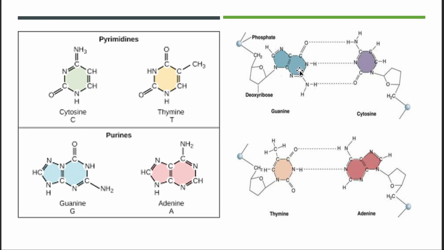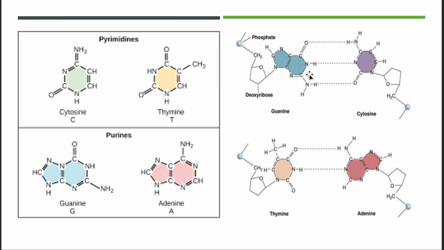So guanine always binds to cytosine via 3 hydrogen bonds. Similarly, adenine always binds to thymine via 2 hydrogen bonds. So in DNA, the nitrogen bases are bound together via hydrogen bonds, and the bonding is very specific.